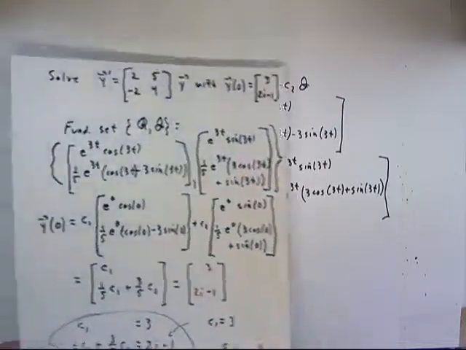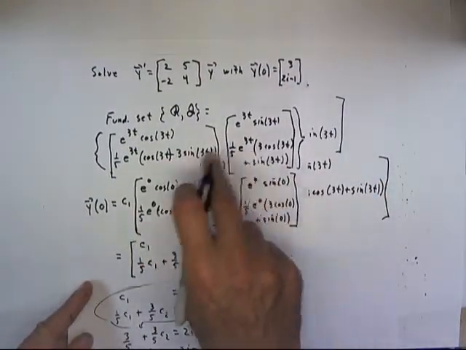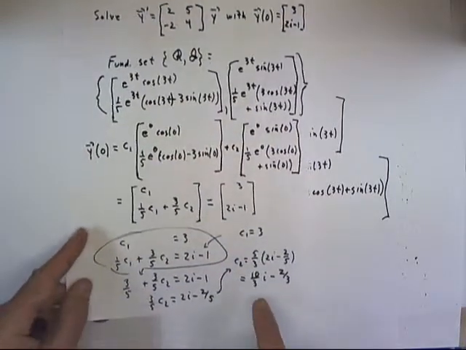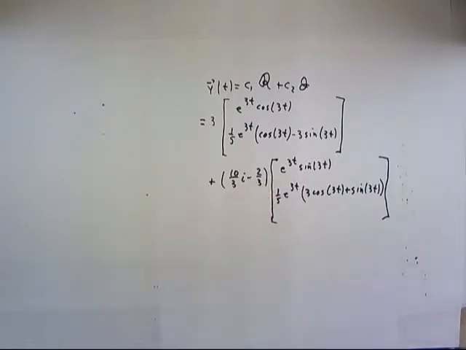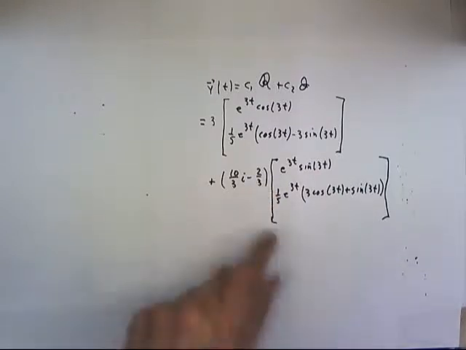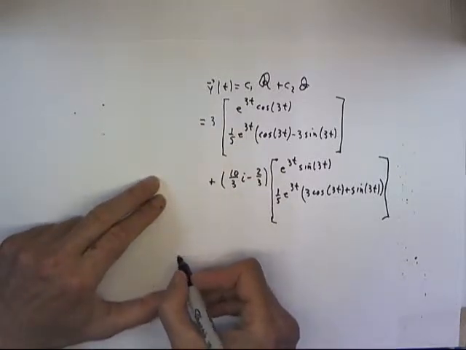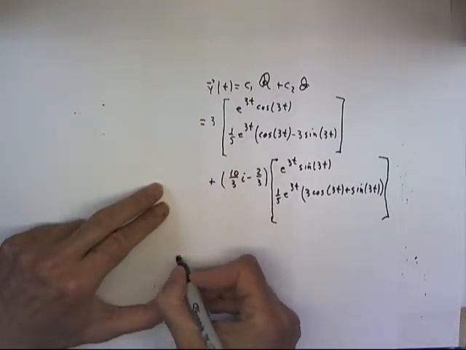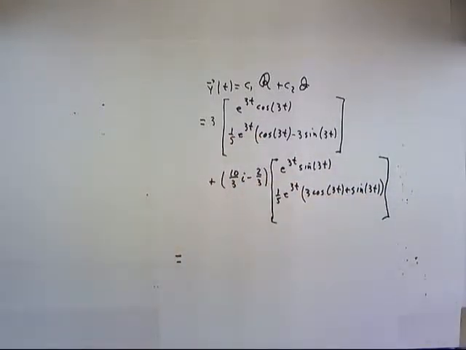So, having applied our initial condition to the general solution that we get from this fundamental set, and evaluated the constants C1 and C2, we get our specific solution that satisfies the given initial conditions. And of course, we can add these two solutions, which I'll do off camera.